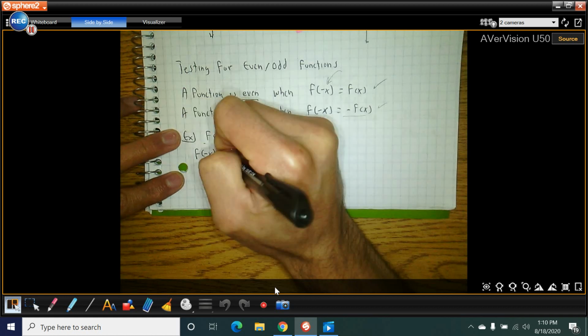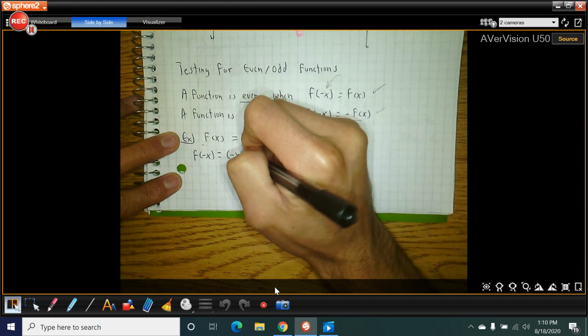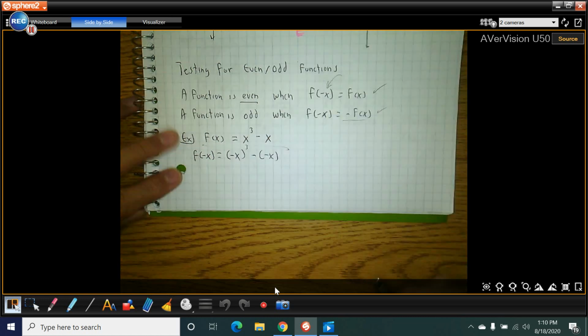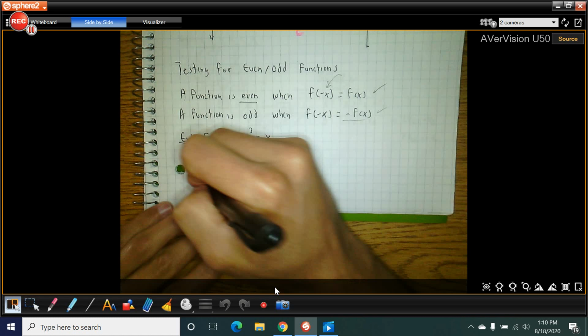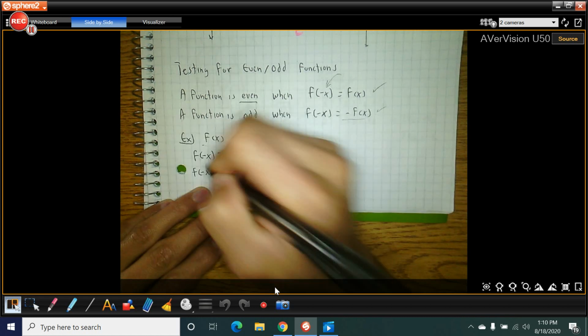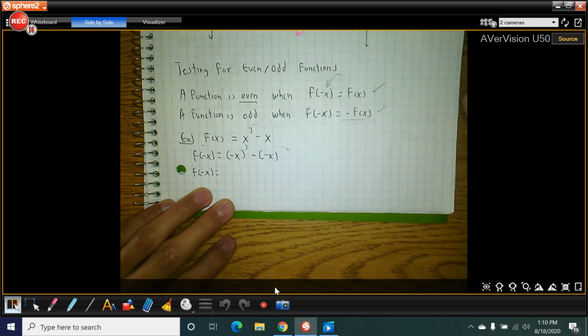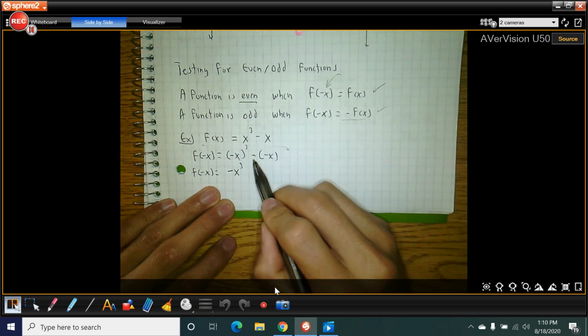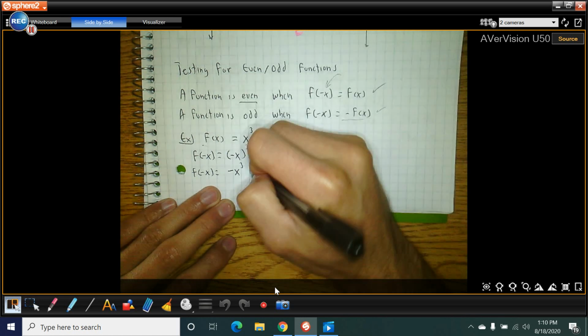What is f of negative x? I'm going to plug in negative x for x. So this would be negative x to the third power minus, and I'm going to plug in negative x. We've got to clean this up. So f of negative x. What's negative x to the third power? Negative x times negative x times negative x would be negative x to the third power. And negative times negative would be positive, so plus x.